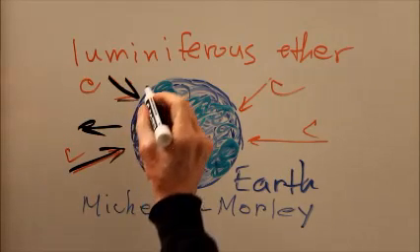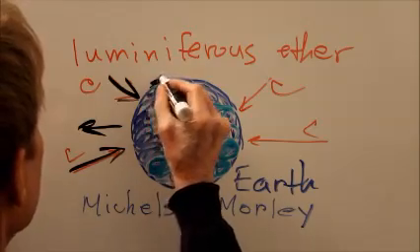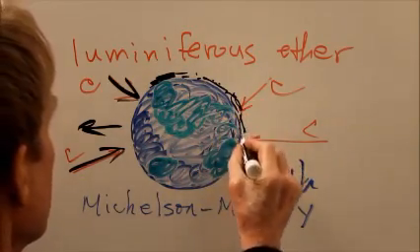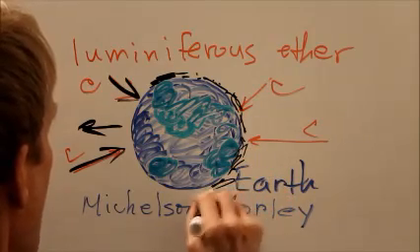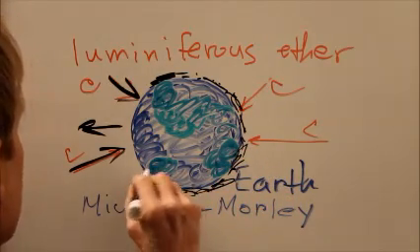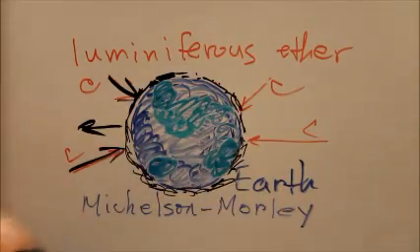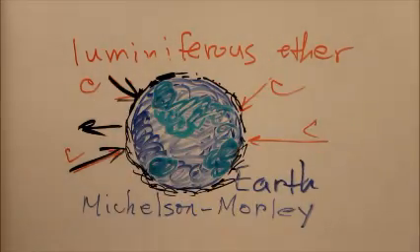And they said, well, suppose that the ether is kind of like a fluid, and that the Earth sort of pulls it along. It pulls a little bit of the ether along with itself as it travels through this stuff.